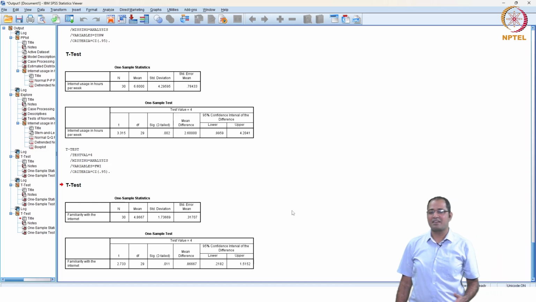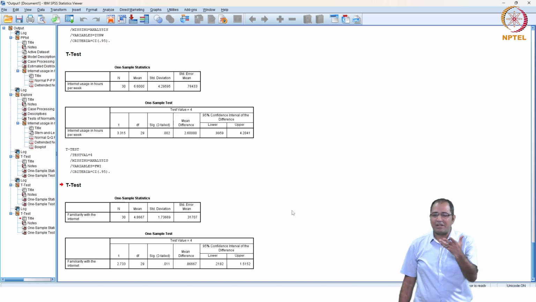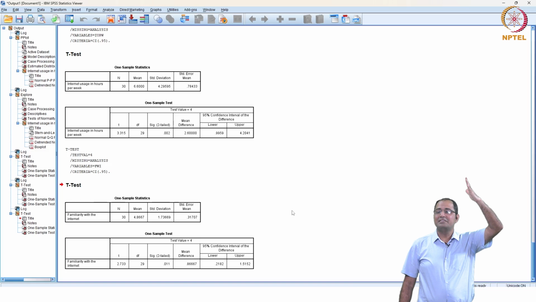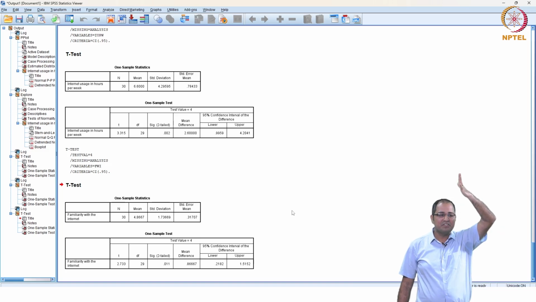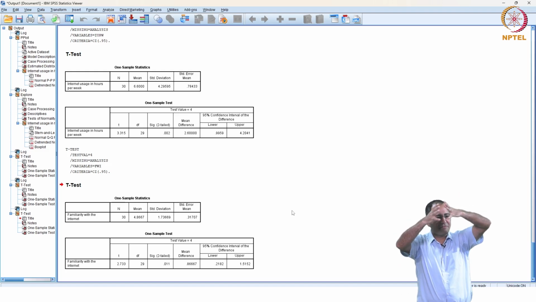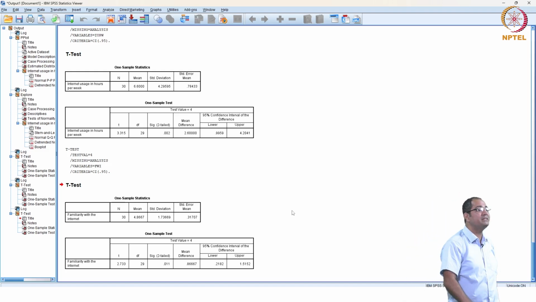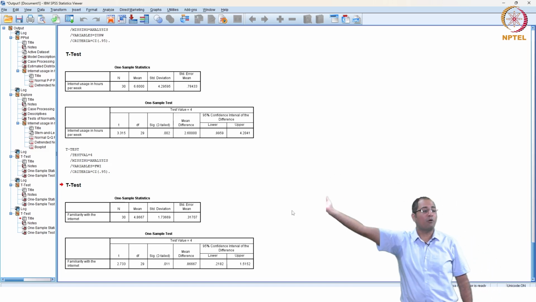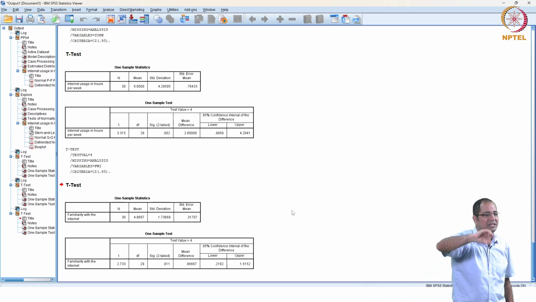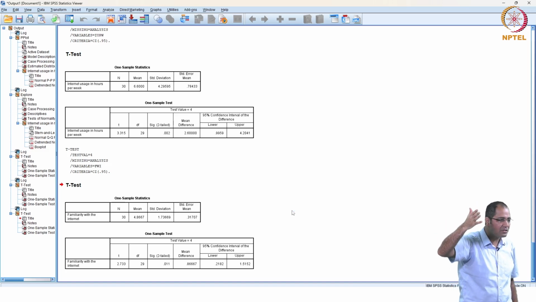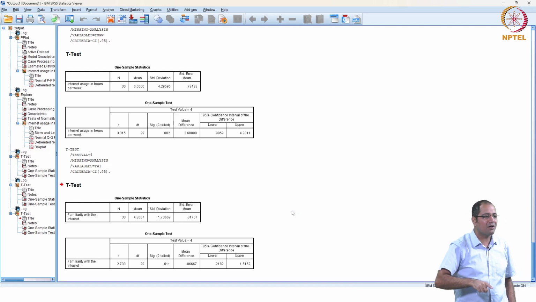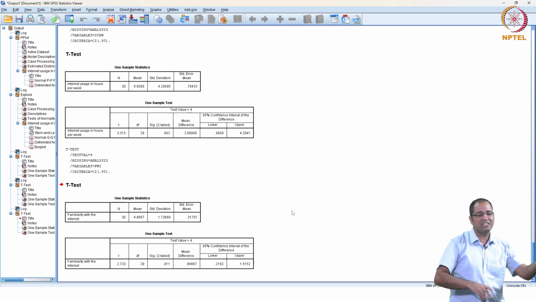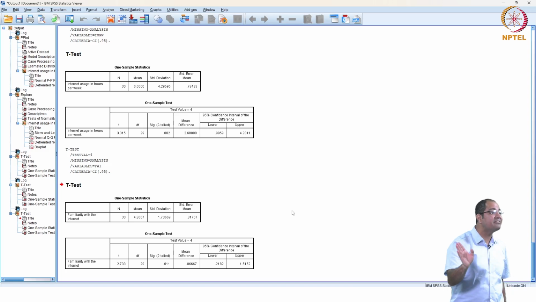You know that when the test is conducted, the first one is the sample mean, the second one is the population mean, the difference is taken, and the mean difference is positive, which means it exceeds 4, towards the positive side. When we tested whether the mean familiarity is equal to 4, we rejected the null hypothesis, so it is not equal to 4. If it is not equal to 4, either it exceeds 4 or is less than 4. And if you look at the mean difference, it is positive.